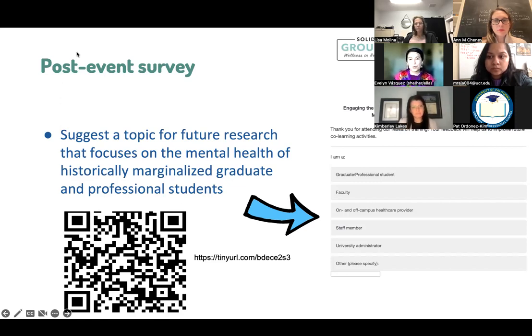So we want to know what research topics we can further explore. Please keep in mind that the main patient population in this project are historically marginalized graduate and professional students. We are going to share the link in the chat, or you can use the QR code.